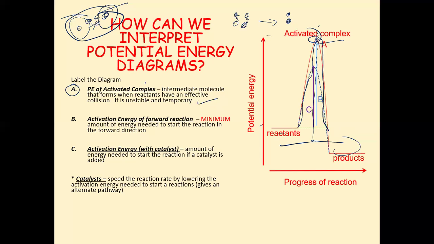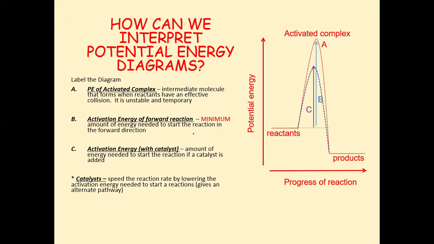I was just explaining what the activated complex talks about, so that when you read this definition, it doesn't sound difficult to understand. Make sure that you know these definitions, all of these definitions, for CAPS purposes. If you need clarity, feel free to ask.